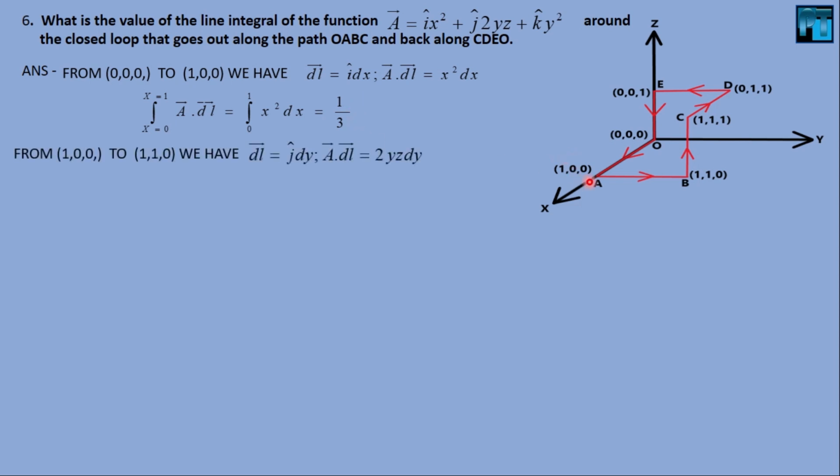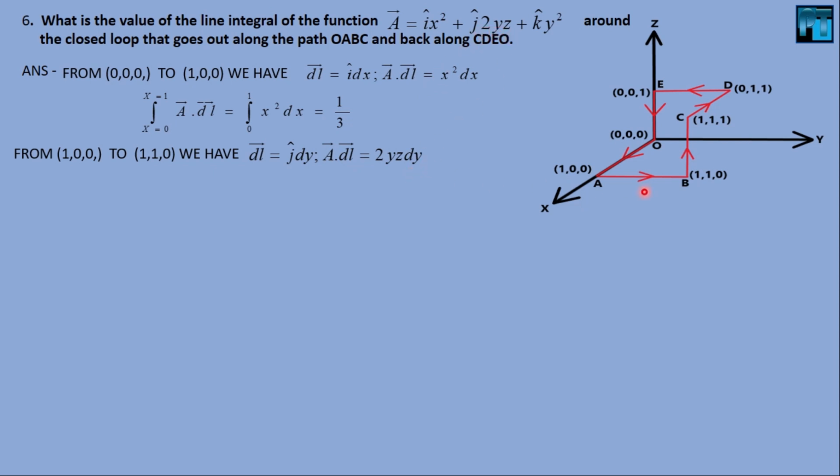Now for AB, 1 0 0 to 1 1 0. So what is actually changing? x is not changing, 1 to 1. Only y is changing from 0 to 1. So only dl's y component will be there, j cap dy, and A dot dl equals 2yz dy.